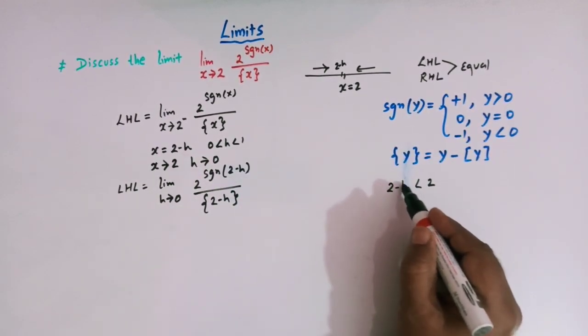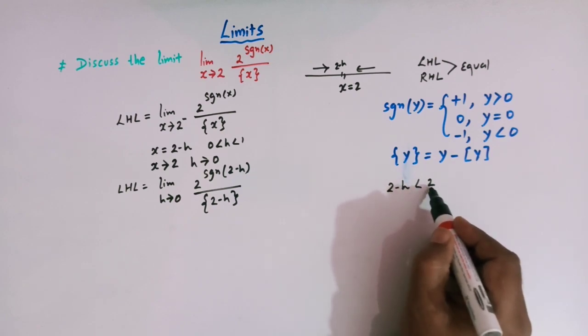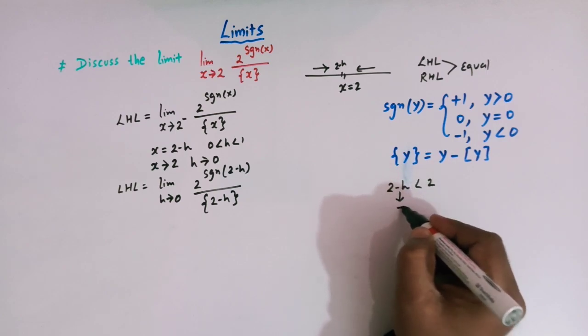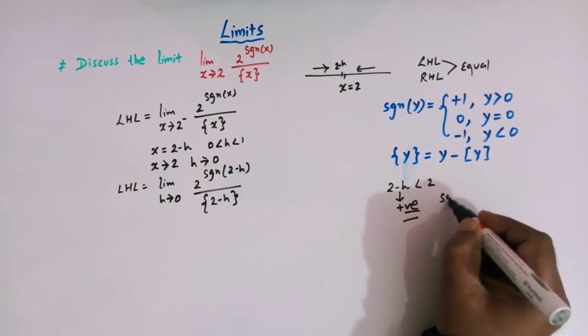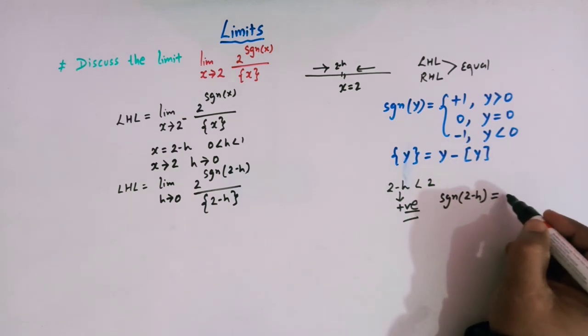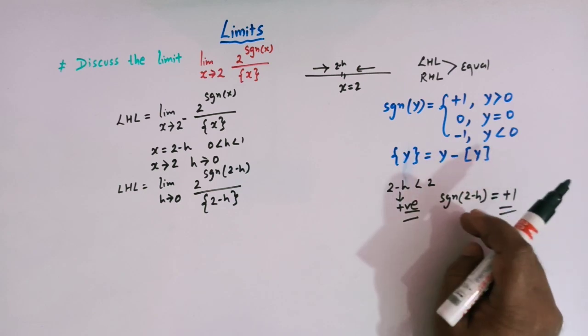Whenever we subtract any positive quantity from 2, it is slightly less than 2, but 2 minus h always remains positive. So signum of 2 minus h takes the value plus 1. This is an important concept here.